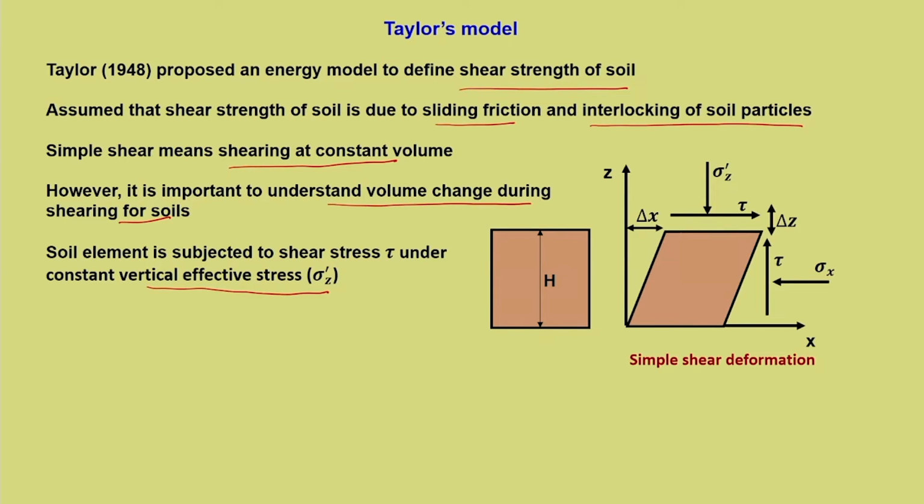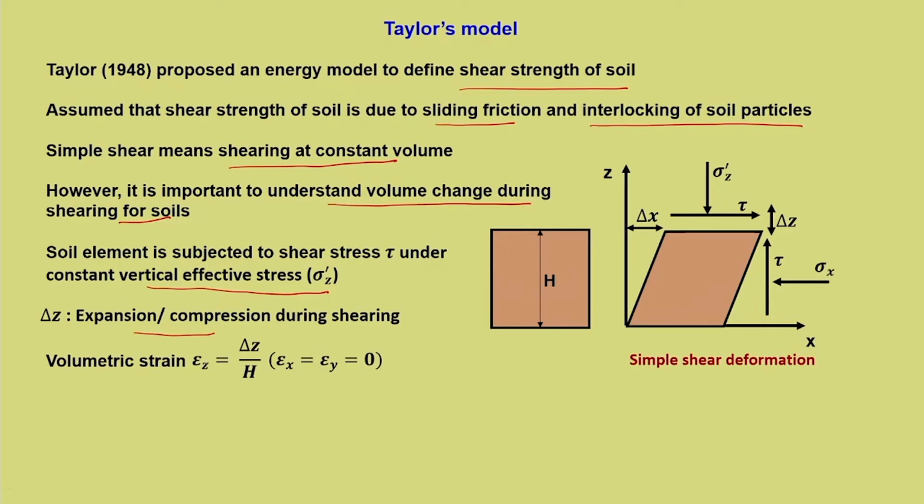There is a kind of rotation, it is not actually rotation, there is a displacement by delta x in the x direction, and the compression or expansion, denoted by delta z, in the z direction. That is the expansion or compression during shearing. And the volumetric strain epsilon z can be written as delta z by h. This h is the initial height, and this is close to a plane strain condition where epsilon x equal to epsilon y is equal to 0.